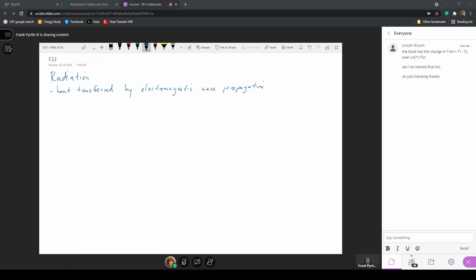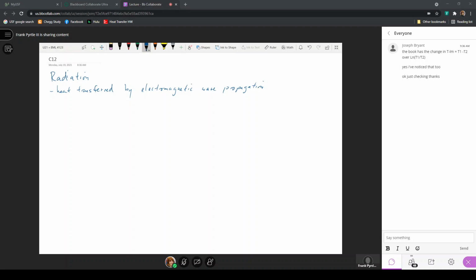Consider conduction. The heat transfer was by the diffusion of energy through a solid piece of material or a fluid that's not moving. We consider convection, it's between a solid surface and a moving fluid.